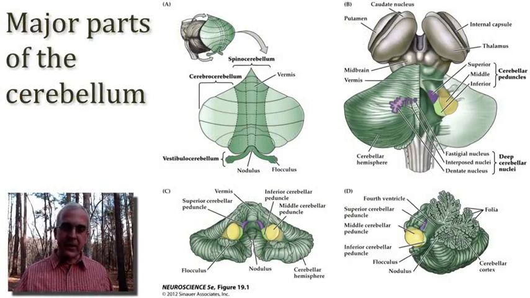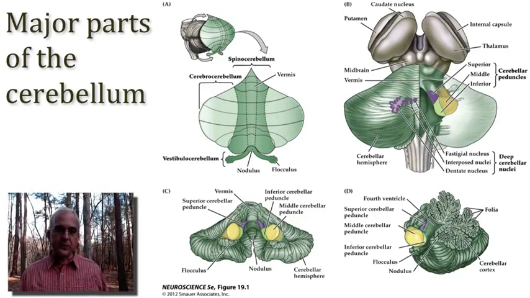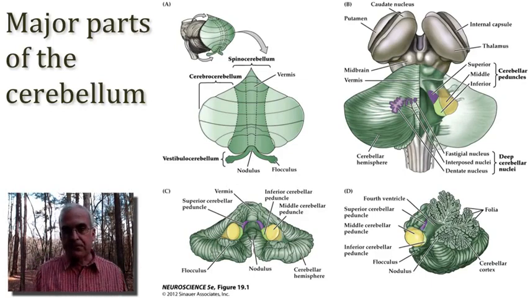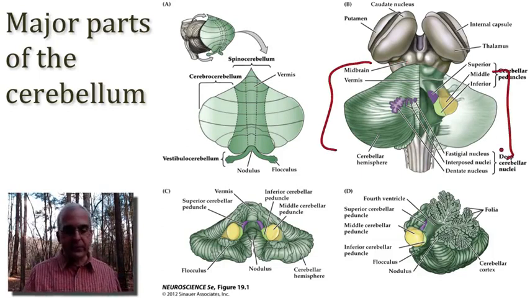I want you to understand some of this background as we now seek to identify the basic parts of the cerebellum. Well, there are really three basic parts of the cerebellum that we want to consider. There's the cerebellar cortex, which is all of this massive tissue that we see from the surface view of the brain. In addition to there being an outer cortex, very much like a cortex of the cerebrum, there are deep nuclei that are buried down in the depths of the white matter of the cerebellum.